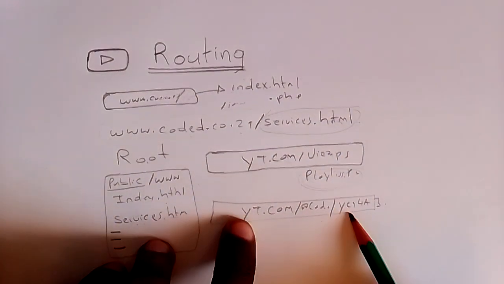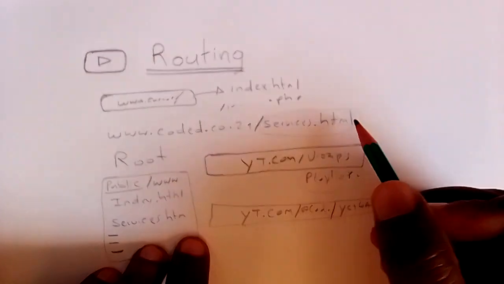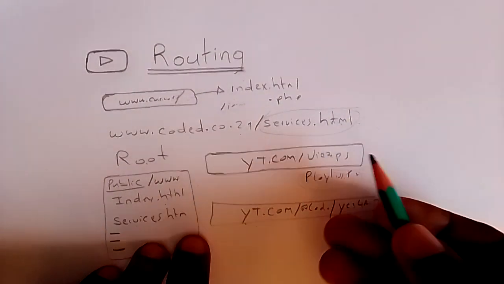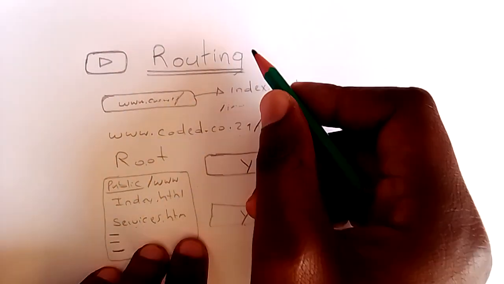But now, why is it different on YouTube? Why won't you see a file extension like .php or .html? The answer is routing.